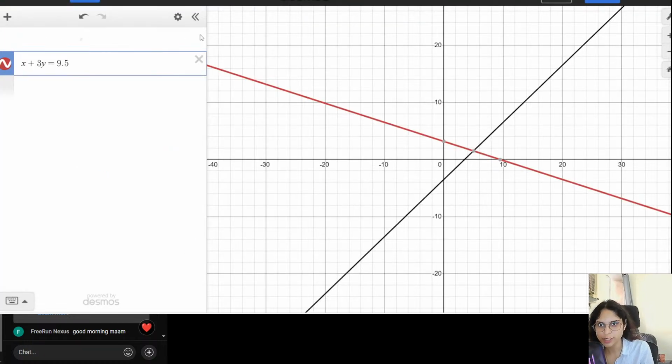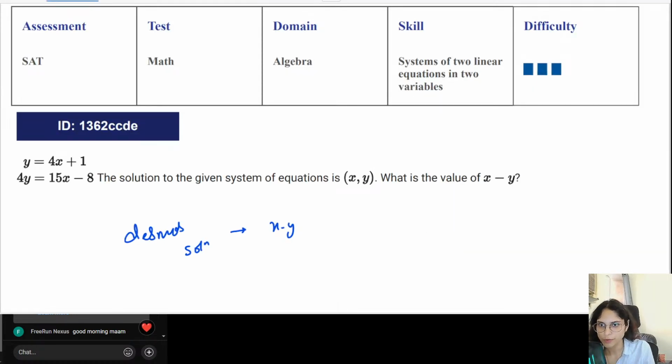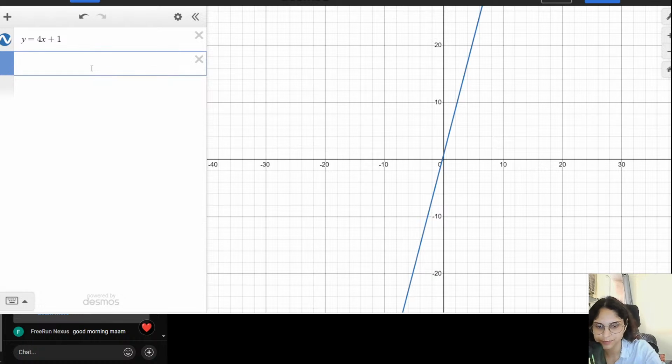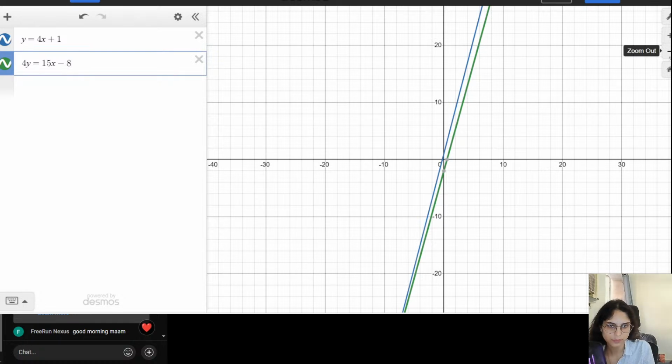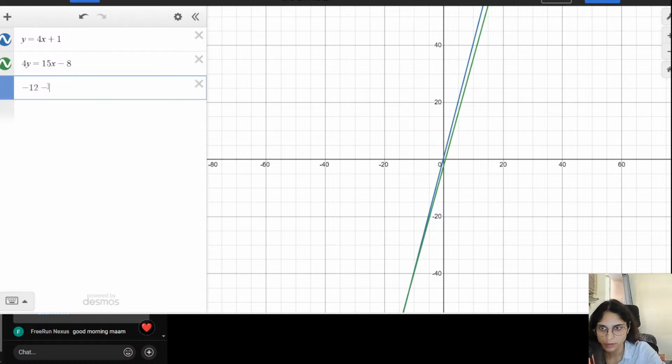So y is equal to 4x plus 1. -4y is equal to 15x minus 8. -12 comma -47. So x minus y, -12 minus -47, 35 is your answer.